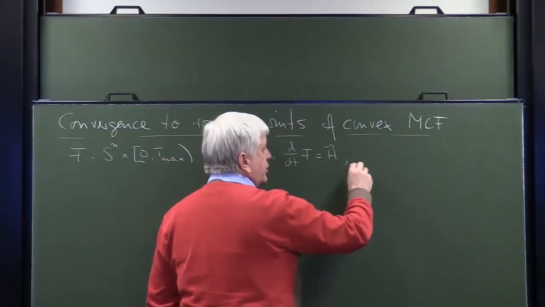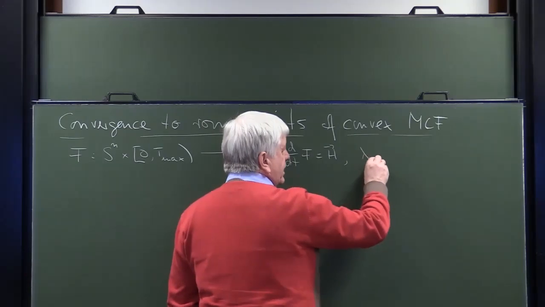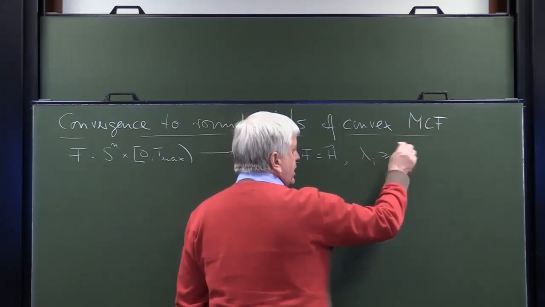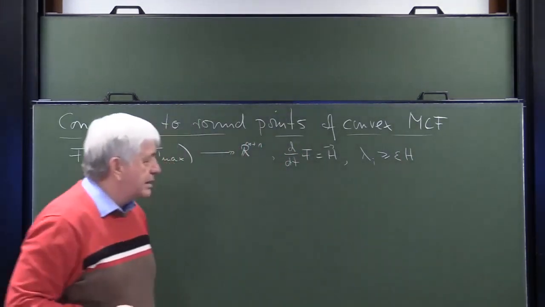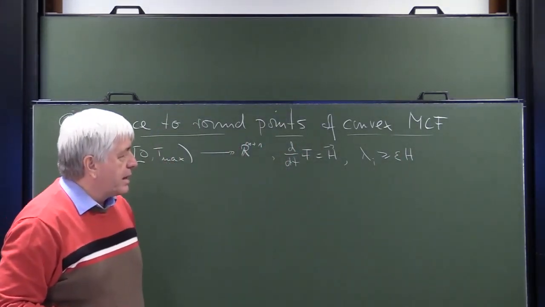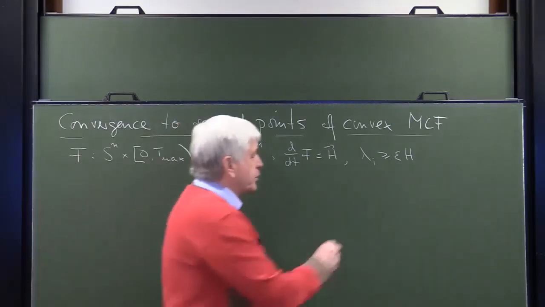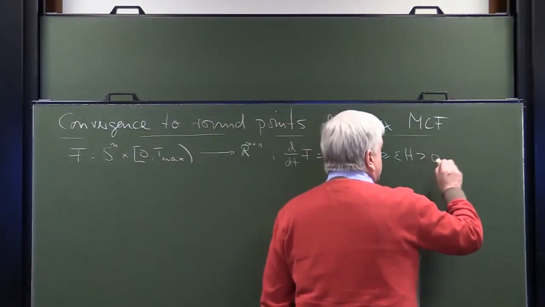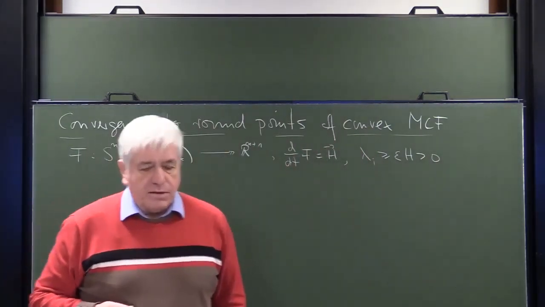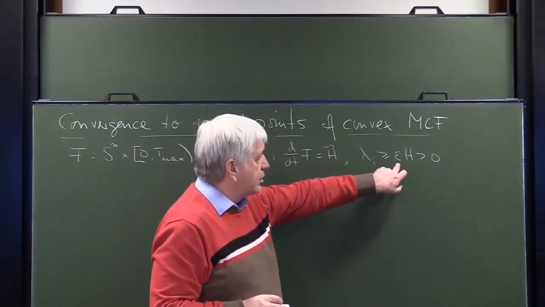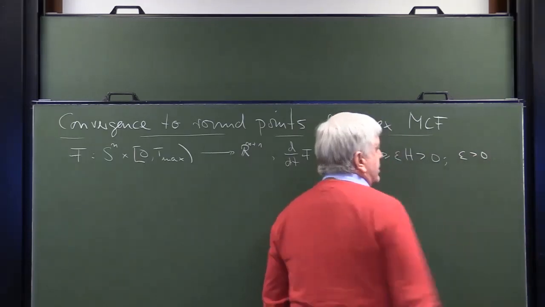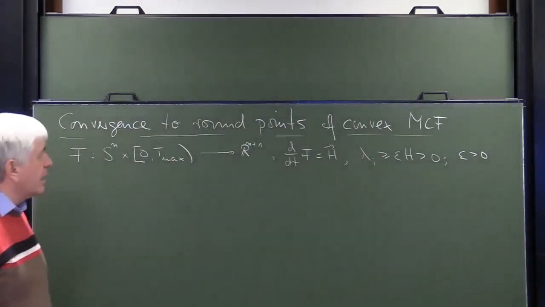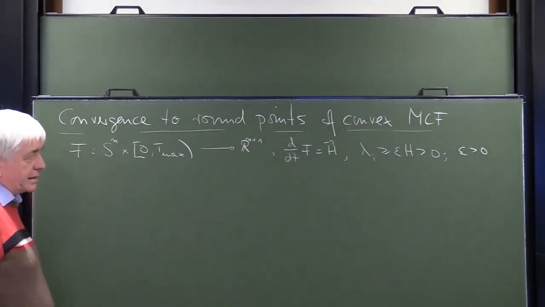So without loss of generality, we can assume that each principal curvature initially is bigger than some fixed multiple epsilon of the mean curvature, and the mean curvature is positive. And then we had shown with the maximum principle that this epsilon is preserved as a fixed parameter for all time where the solution exists.